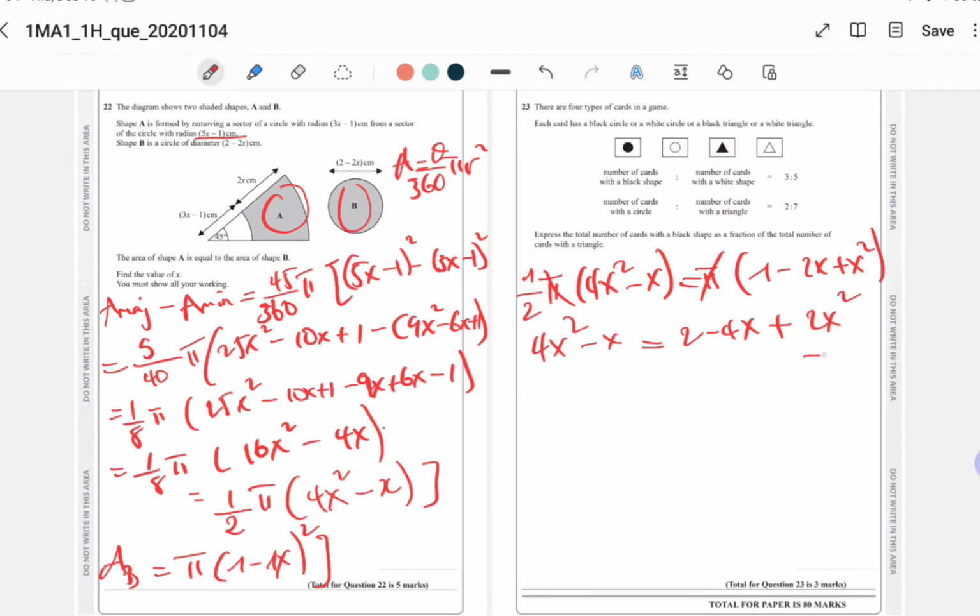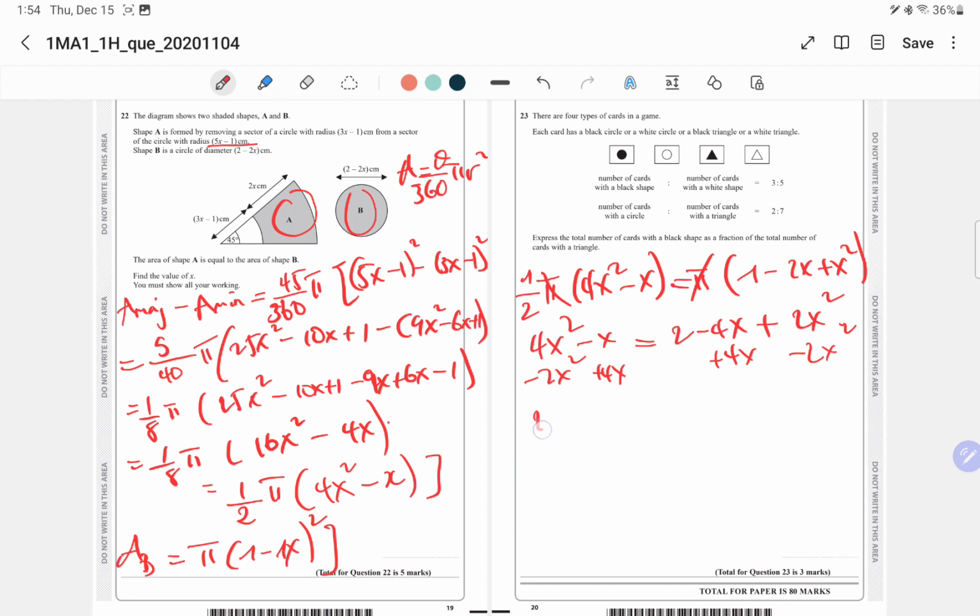Then I subtract 2x squared on both sides, and I add 4x. This would be 2x squared plus 3x equal to 2. Or I just bring over the 2 and it becomes minus 2 equal to 0.